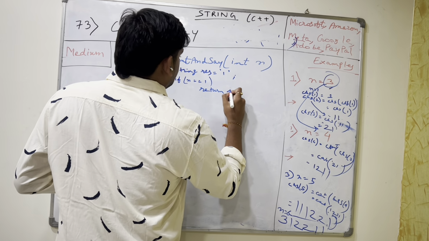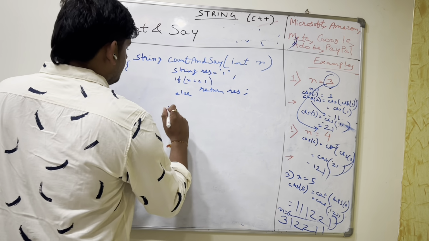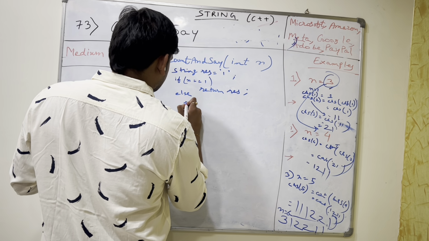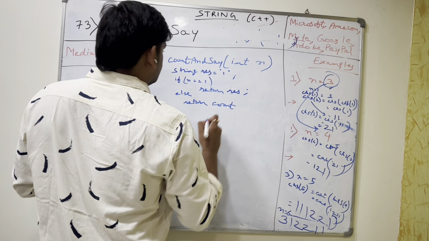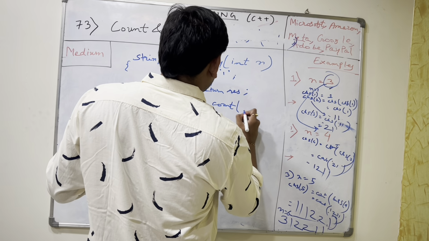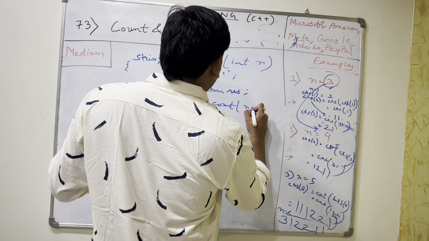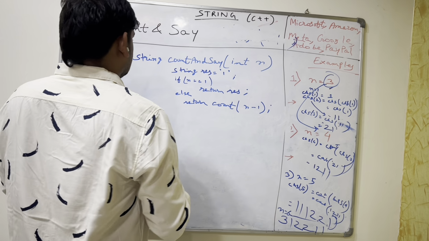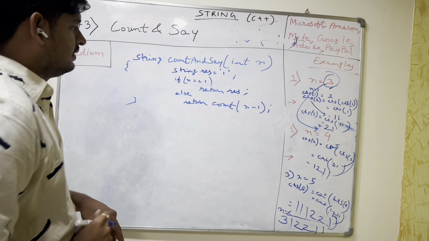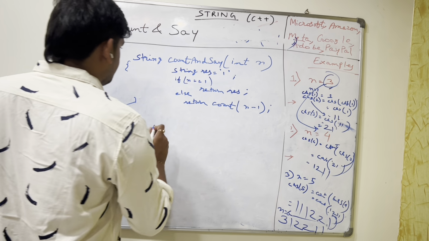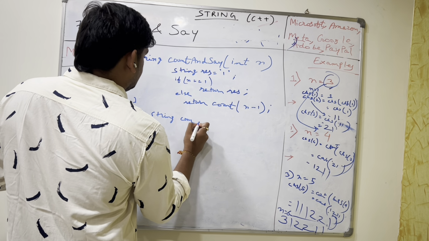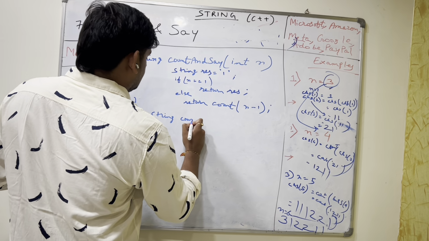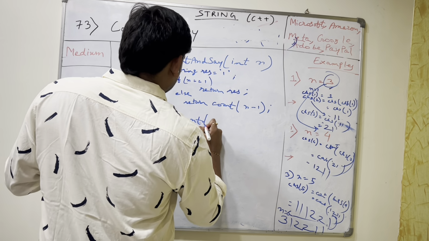Else, what we will do? If n is not equal to 1, then we will return count of n minus 1. Okay. Fine. And now count of n minus 1 will define string count of n minus 1. Okay.